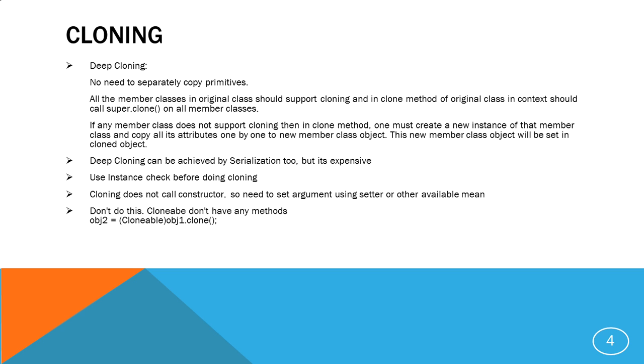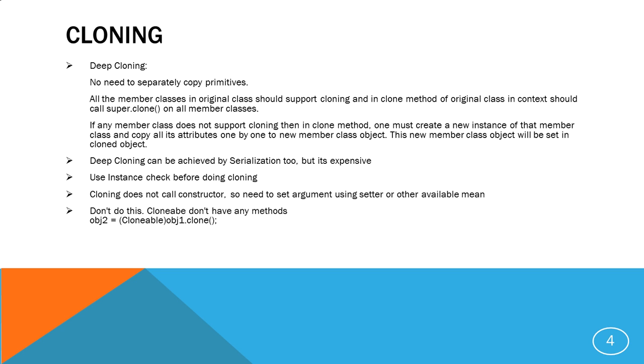A new object of Department will not be created when you create the clone object. That's the problem with shallow cloning. When you try to do deep cloning, you need to make the Department class a clonable class, and in the Department class you need to write the clone method, so that whenever you clone the Employee object, a new reference of the Department class will be copied to the cloned object.